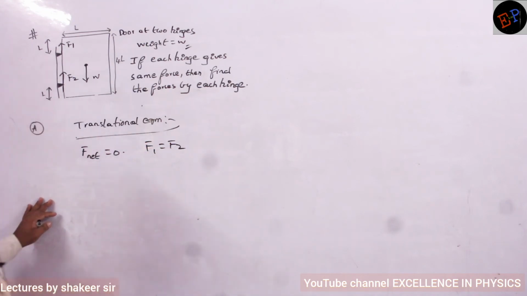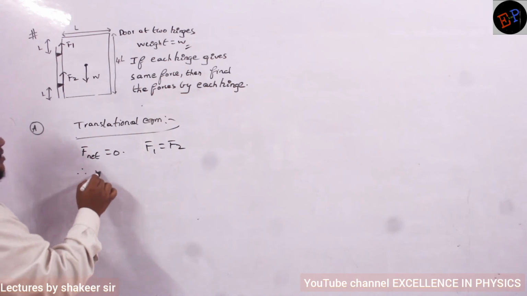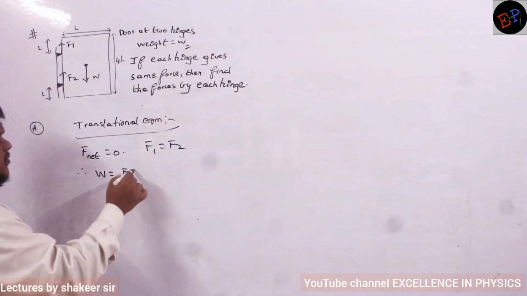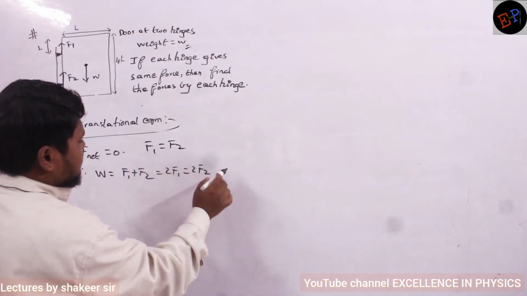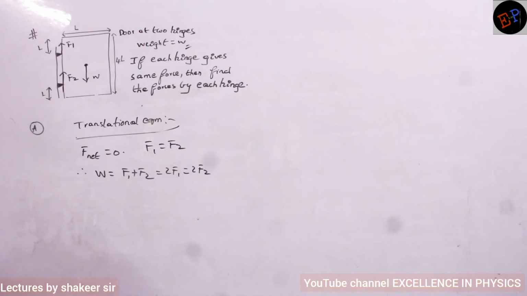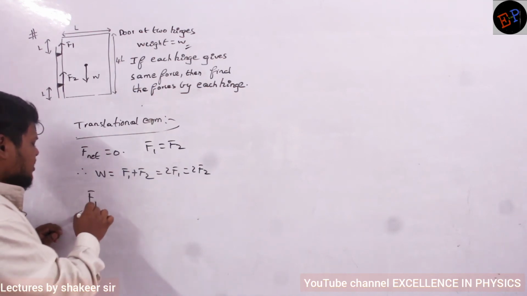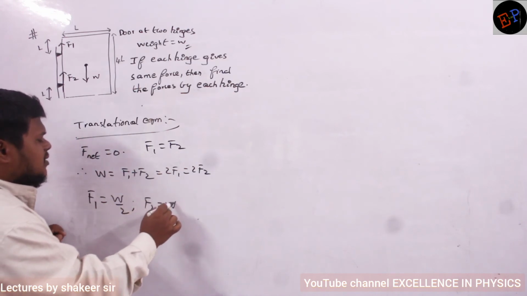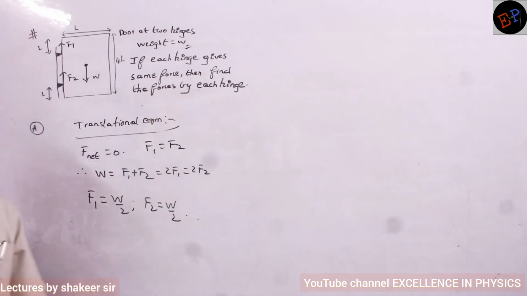Weight acts downwards, so W is F1 plus F2, which is 2F1 or 2F2. Therefore F1 is W by 2 and F2 is also W by 2.